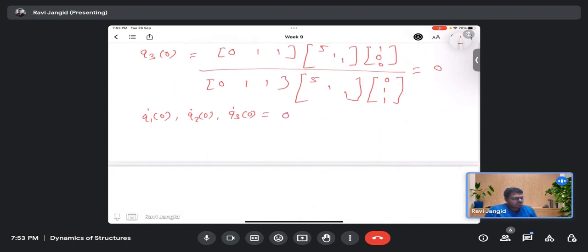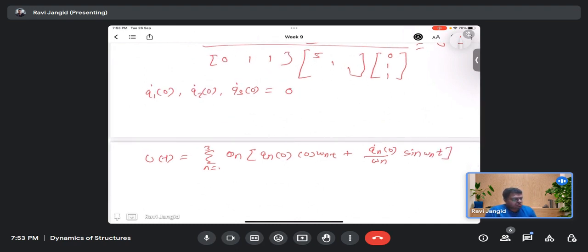So you can write the response u(t) as the summation of n equal to 1 to 3 of phi n times qn(0) cos omega n t plus qn dot 0 over omega n sin omega n t. Okay, so let me write the solution for u1, u2, u3 of t.